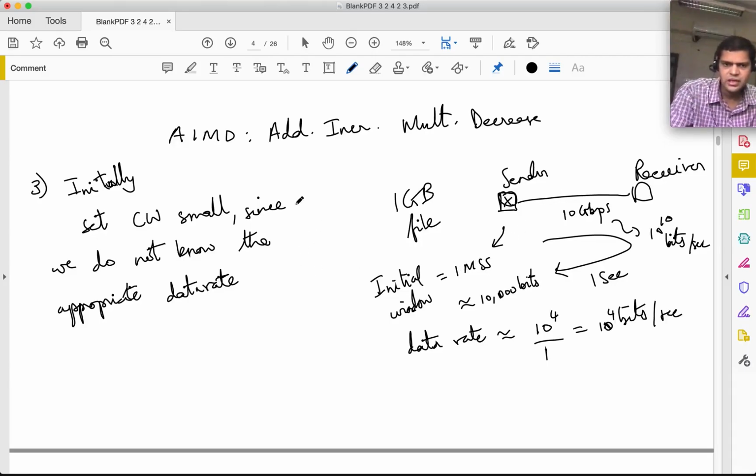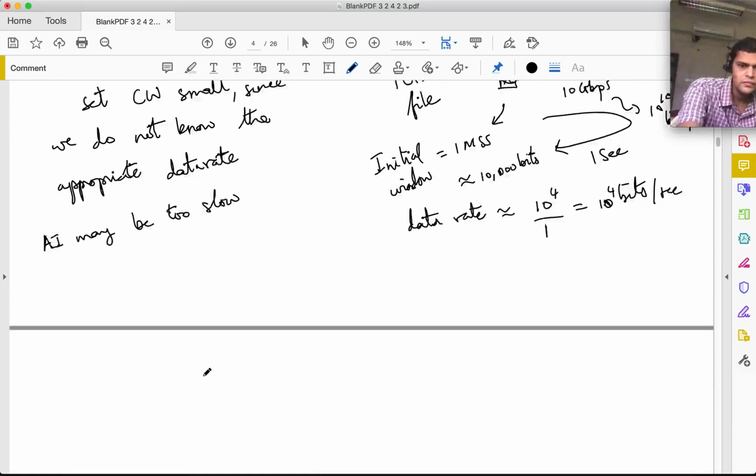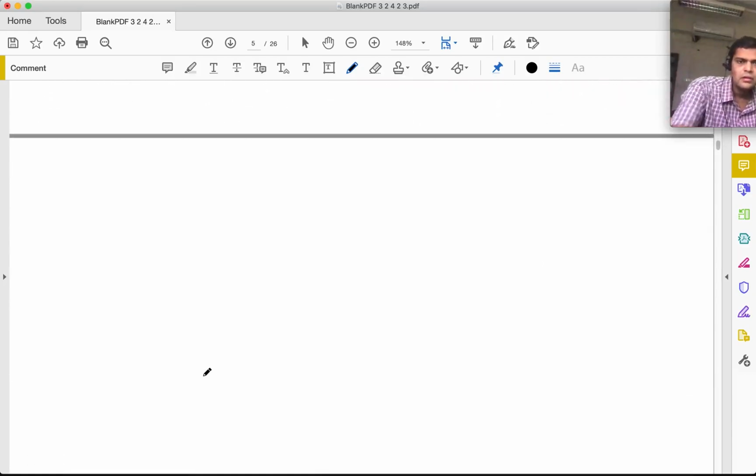So we'll start slow. We start with a small window size, but at the same time additive increase is maybe too slow. So what do we do? We want to be aggressive. So what we will do is that we will have an exponential increase.